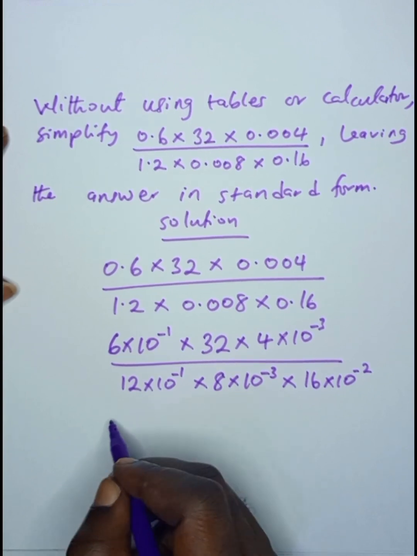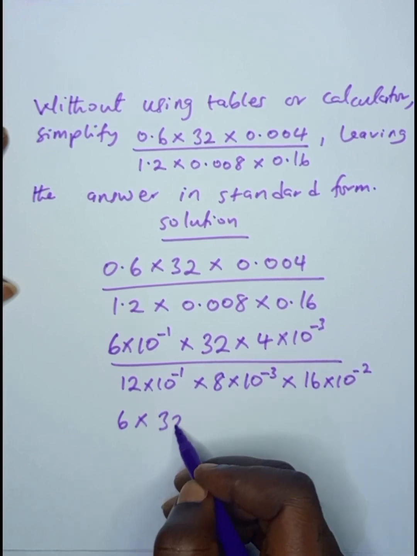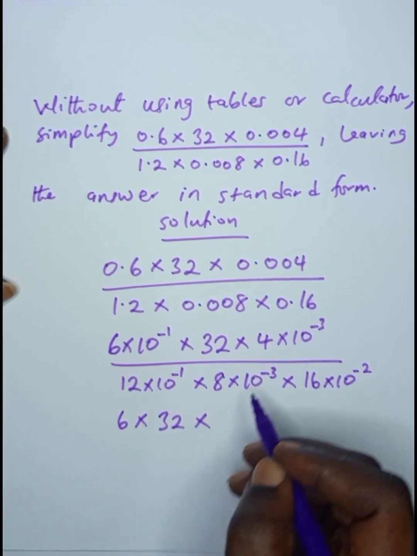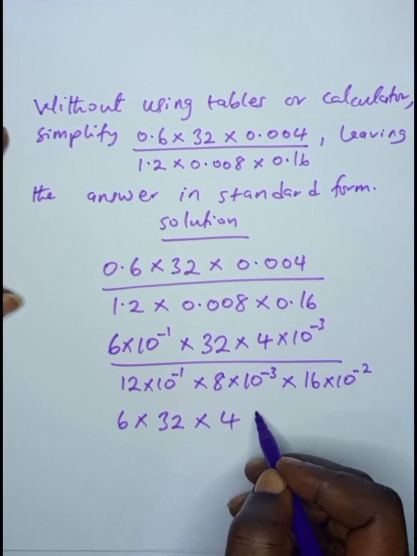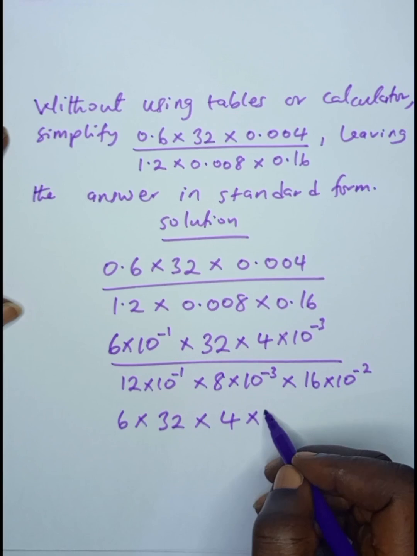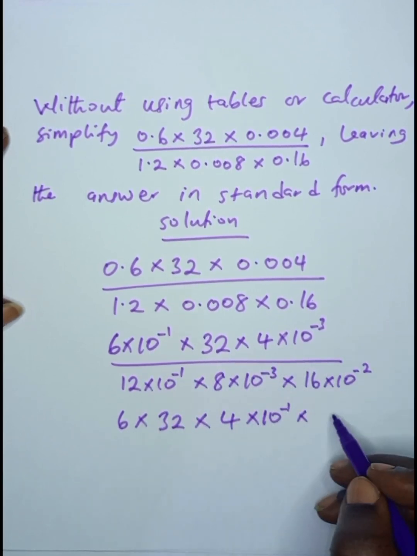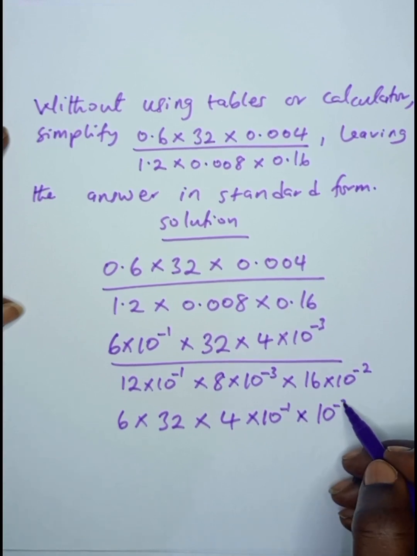So we are going to have 6 times 32 times 4 times, I'm now bringing the 10, so 10 raised to the power minus 1 times 10 raised to the power minus 3.